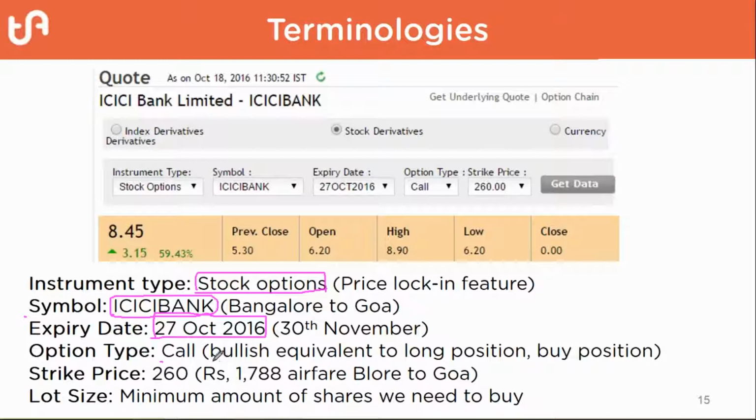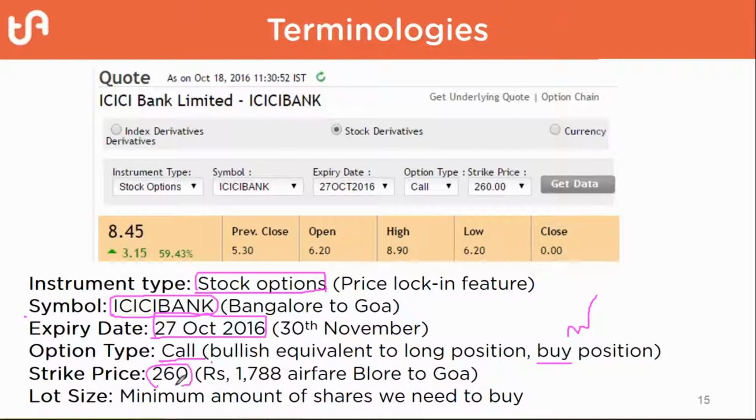So in our example, since the price went up, we wanted the price to go up. So when you're buying, you always take a call. So bullish, equivalent to a long position, is called a call, which means whenever the price is expected to go up, you always buy a call.